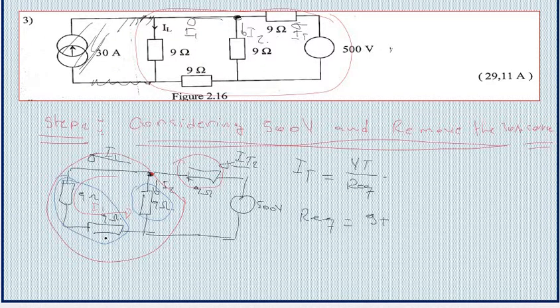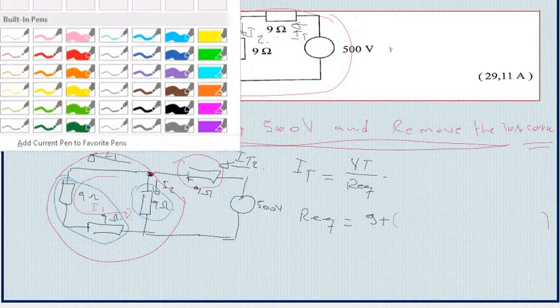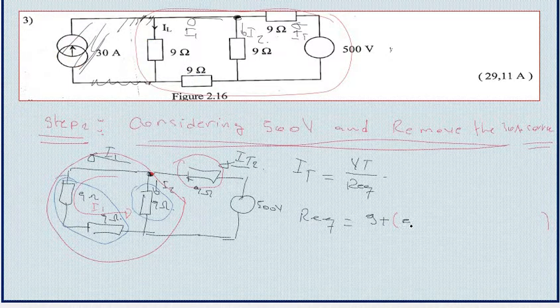So I'm gonna replace the whole resistance here by the bracket. Now if we go inside this bracket, we have two resistors that are in parallel. So we have the first one and the second one. The first one is 9 ohm. So I have 9.